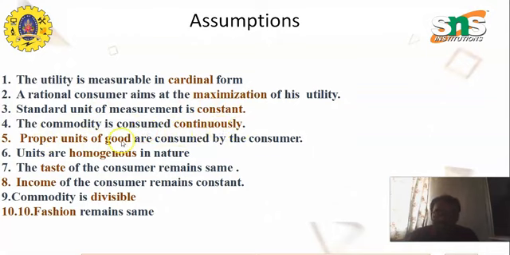Next, proper units of goods are consumed by the consumer, and the units are homogeneous in nature. The next assumption is that the taste of the consumer remains the same. Next, income of the consumer remains constant, and the commodity is divisible. Next, fashion remains the same.